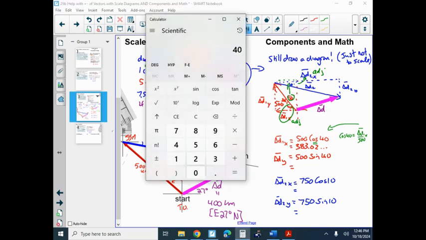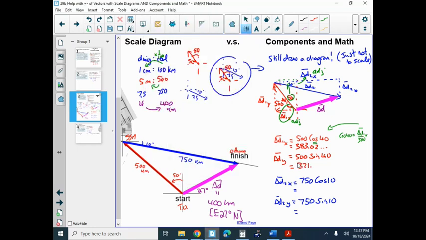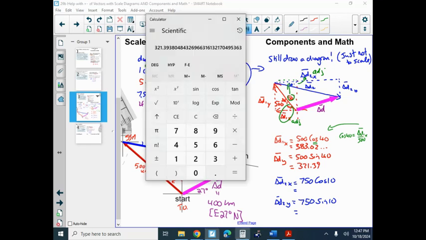So 40 and sine of it times 500. Boom. 21.39. Sure I rounded right there. Yep. And 750 times cos 10. So 10 cosine times 750 equals 738.6.